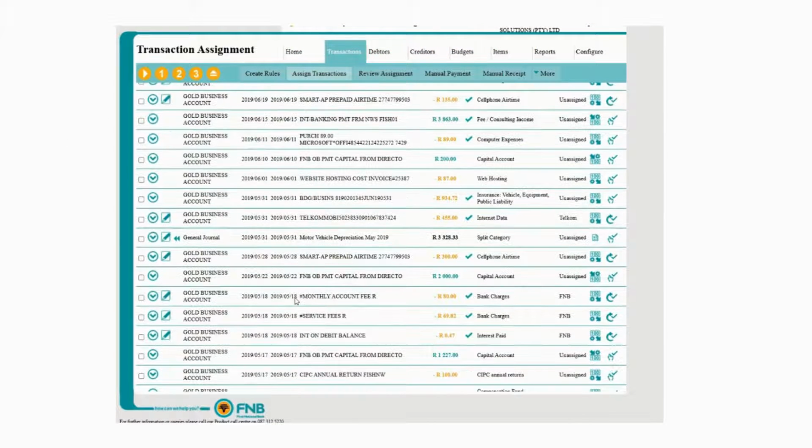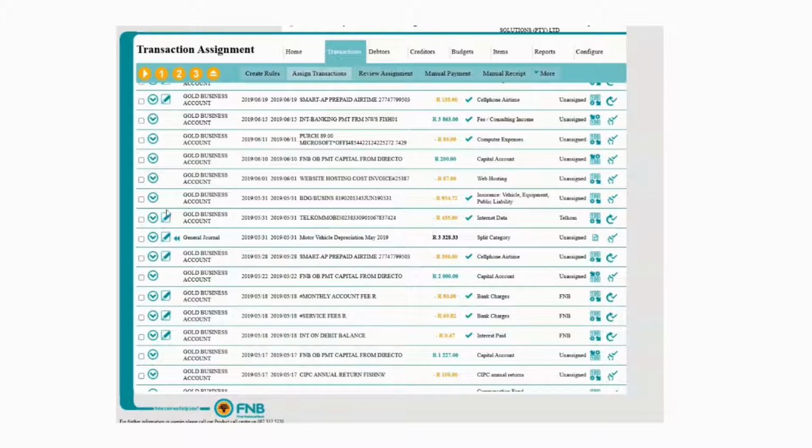So once you're on your transaction page, on a monthly basis, maybe every week or every second week, you need to categorize your different expenses and income, and where there are lines that are related to VAT, you need to identify it through this tick mark here.